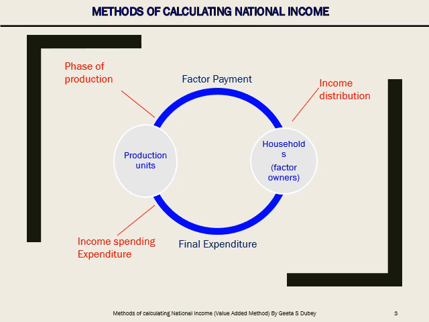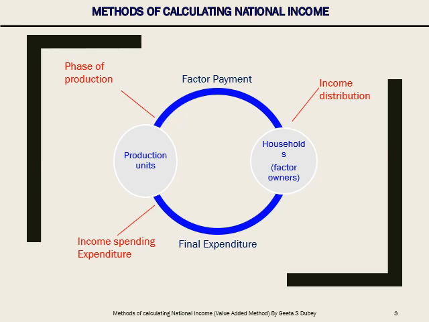In this phase, income is generated in the production unit, but it doesn't stay in these units. From the production phase, production units distribute this income generated to the owners of factors of production who were responsible for creating it. From the viewpoint of the household, these are factor income.